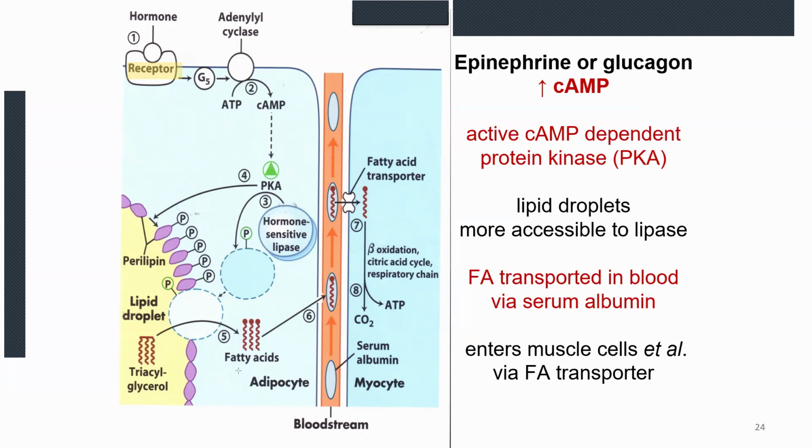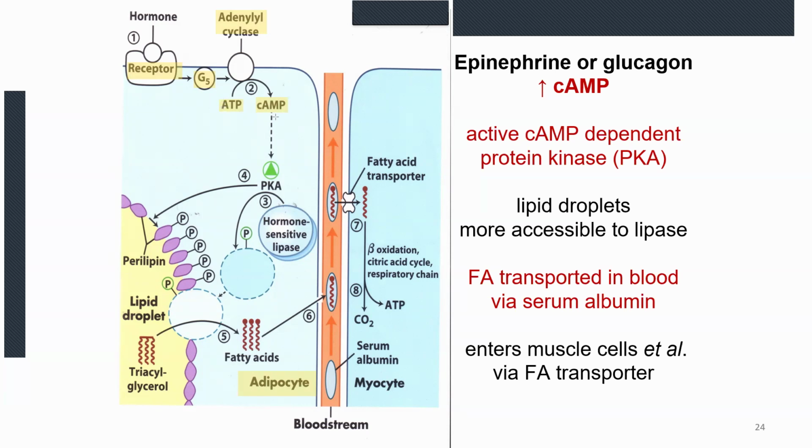Now, this particular cell type is an adipocyte. It's a fat cell. What this receptor protein is going to do is activate a G protein signaling protein that's going to activate something known as adenylyl cyclase. Adenylyl cyclase will convert ATP into cyclic AMP. And in the process, it's going to pluck off a pair of phosphates.